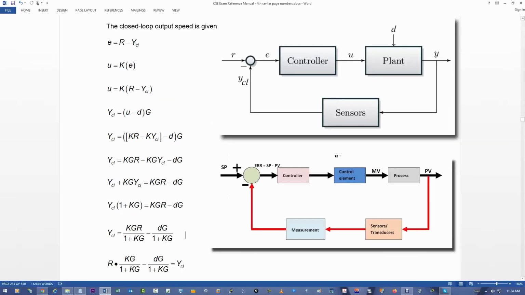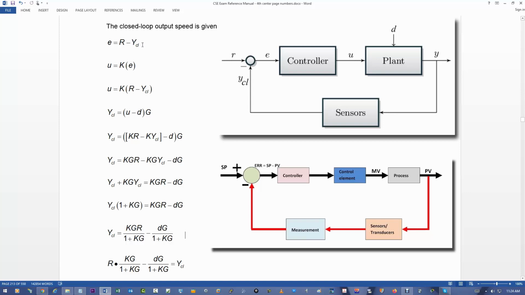Okay, we saw how the math works with proportional control, and we actually derived a transfer function, although it wasn't obvious. So I wanted to make the transfer function obvious. Again, we'll go through the same thing. E equals set point minus YCL is our error, where YCL was our process variable.